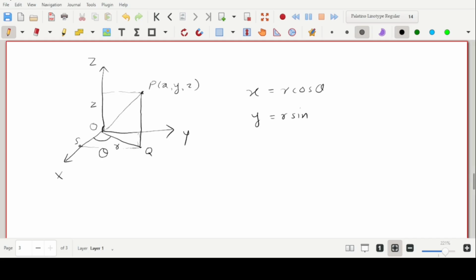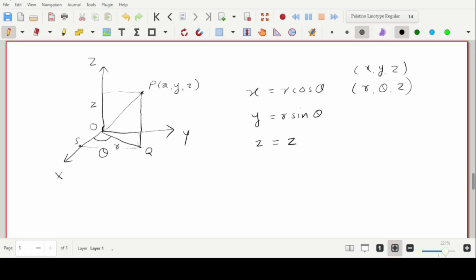So this is very similar to polar coordinates in the case of 2 dimensions, and z remains as it is. Alright, so we are getting a new coordinate system r, theta, z in place of x, y, z.